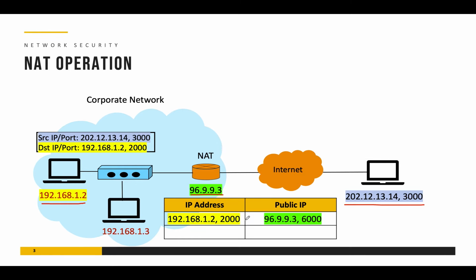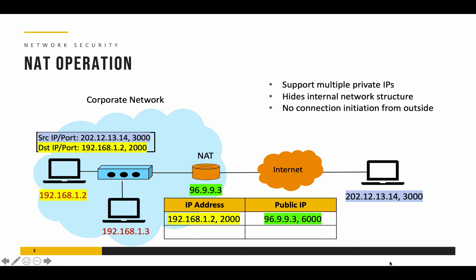So you see, NAT did this translation service seamlessly and transparently. The two end stations are not even aware of what's actually happening in between. And in this way, if you have multiple internal systems, the NAT can simply replace the internal private IP address with its own public IP address and do this translation. So this way it can support thousands of internal private IP addresses, and you don't even need to buy public IP addresses. So NAT basically supports multiple private IP addresses.